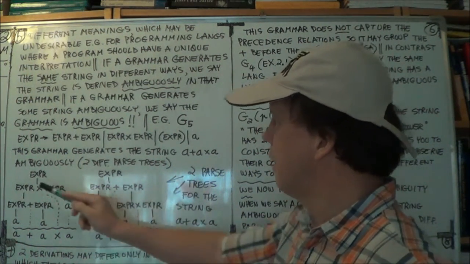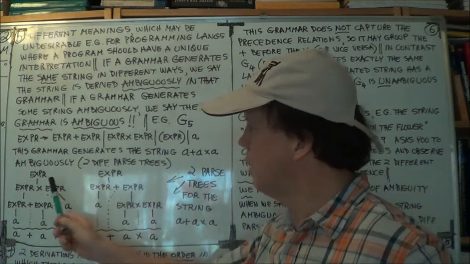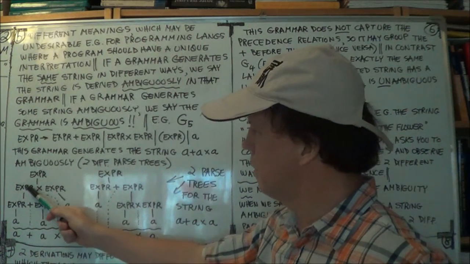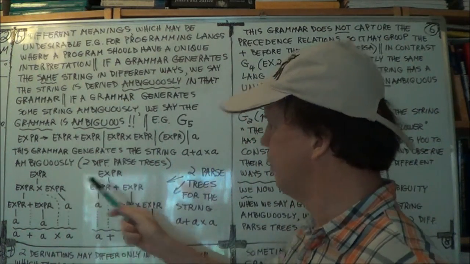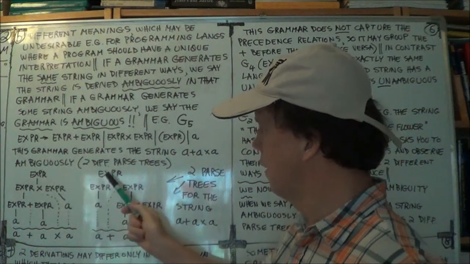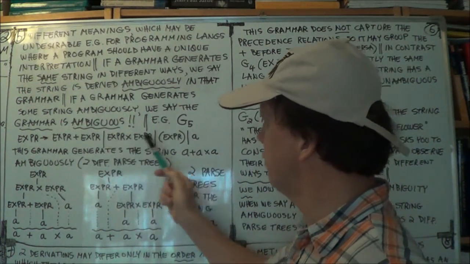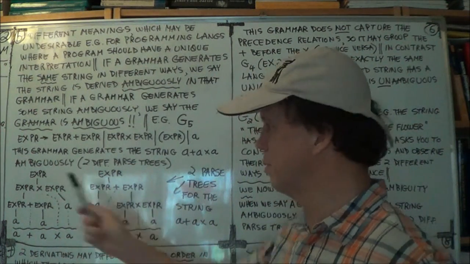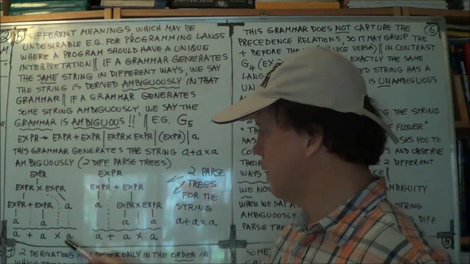Now, can you see the critical choice in these two different parse trees was whether you substituted the multiply times rule first, or did you substitute the plus rule first? Right? So in other words, did you apply this one first, or did you apply that one first? Okay, that was the critical difference between these two trees. So now you can see you get the same string, right?